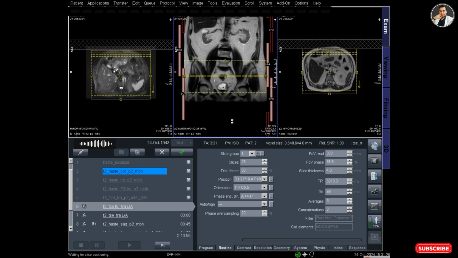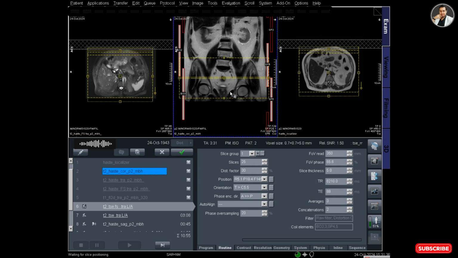And now I am planning for the lower abdomen, that includes the lower part of the ureters and the urinary bladder. So I am planning for T2 fat set axial, and I increase the field of view to 350.